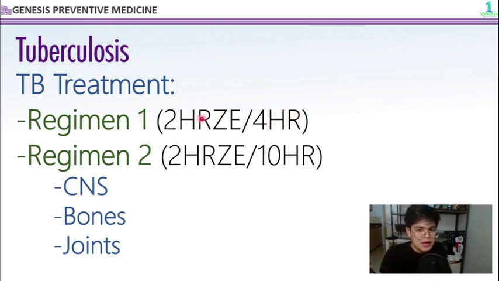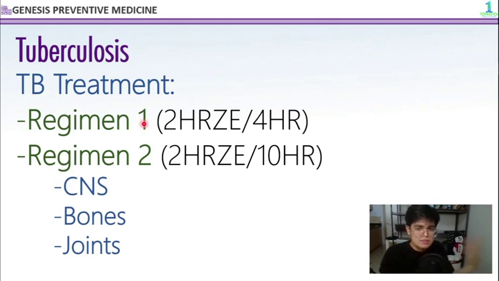If you're not aware, HRZE is an acronym for the 4 main drugs used for drug-sensitive TB: H stands for isoniazid, R for rifampicin, Z for pyrazinamide, and E for ethambutol.